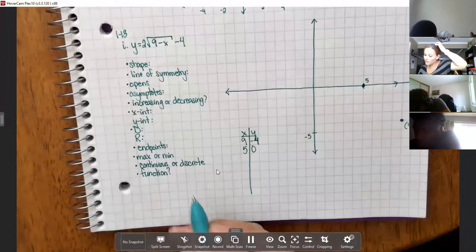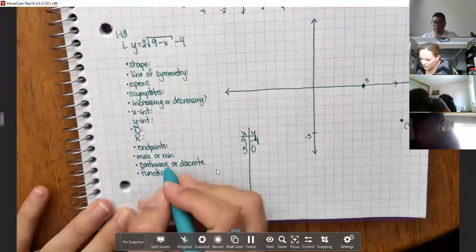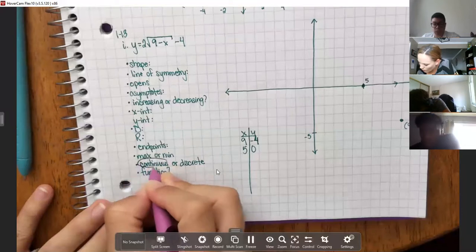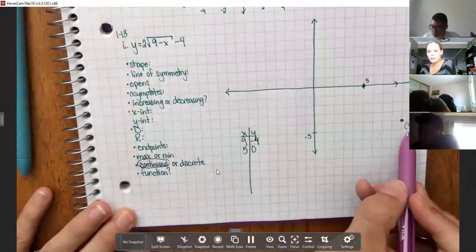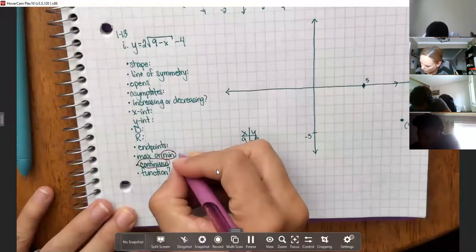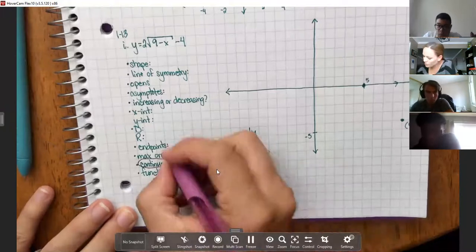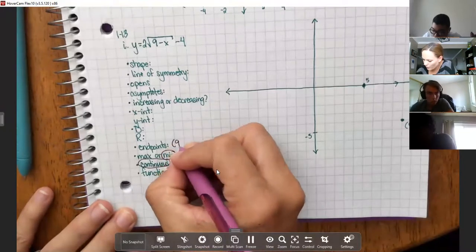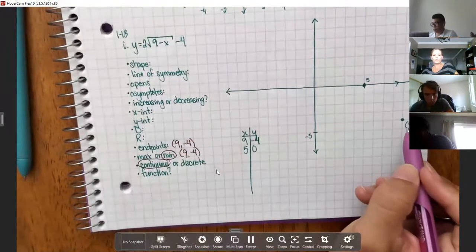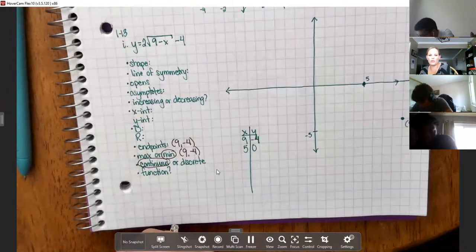So based on looking at the graph, we saw that it was continuous. This was a minimum point here. So our minimum point is at 9, -4, which is also an endpoint. Our endpoint was that same point because the graph starts there. We can come back to domain and range.